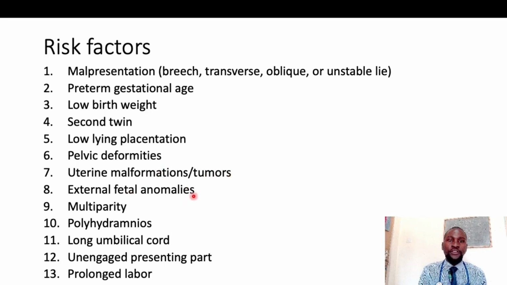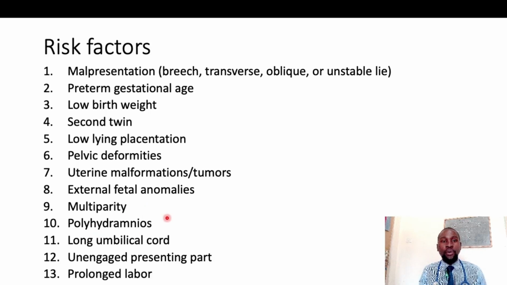You can have external fetal anomalies, also leading to malpresentations. You can have multiparity. Remember, in multiparous women the uterus is usually lax, and because of that laxity you have more room for the baby, and then the cord may prolapse from there.